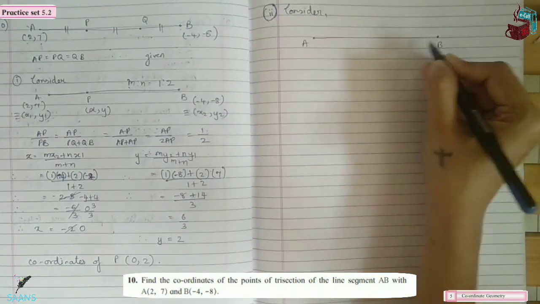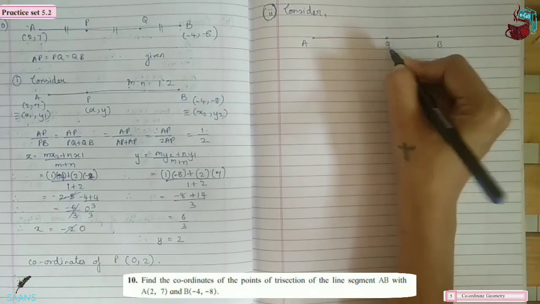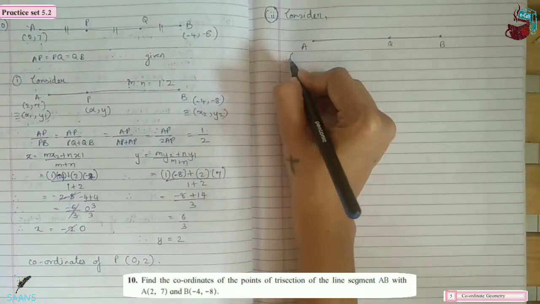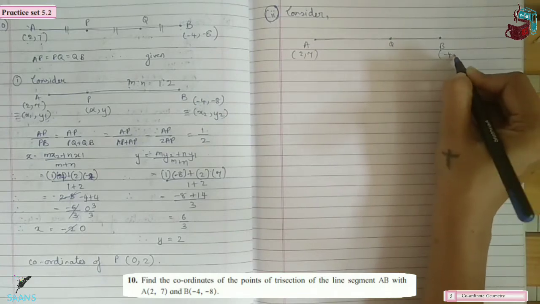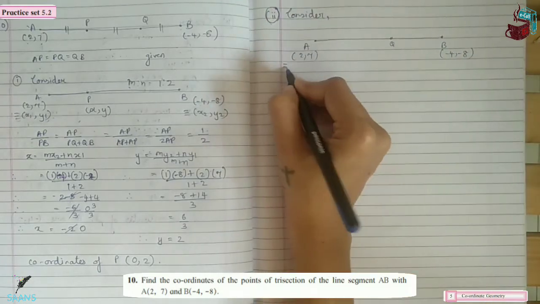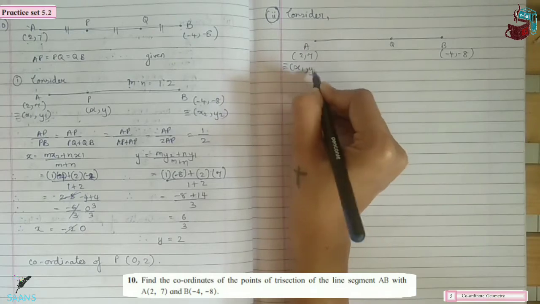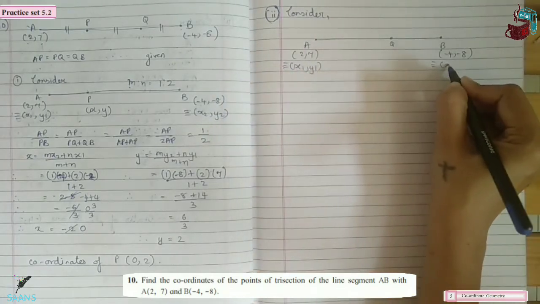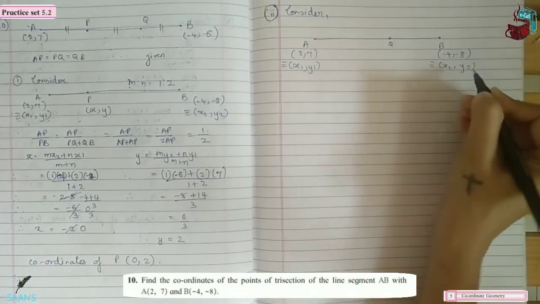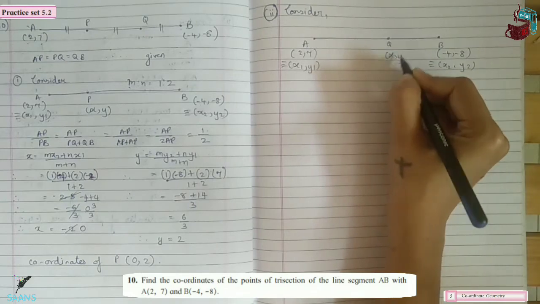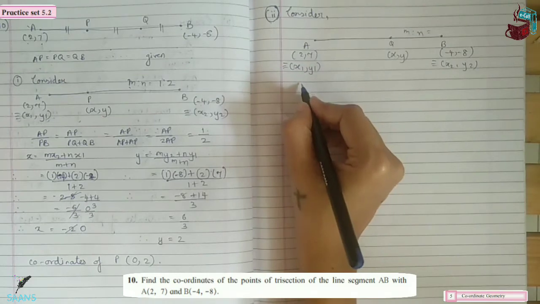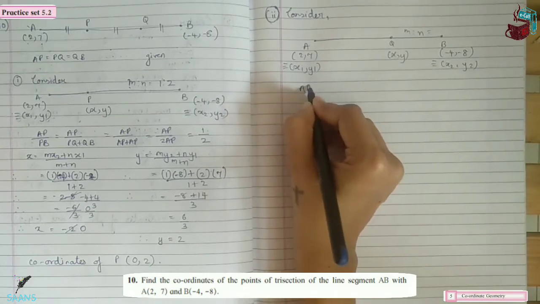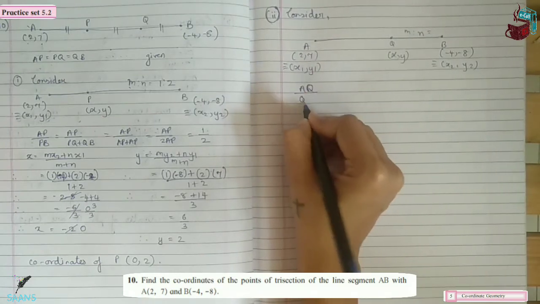A, B, and this time we are going to see for Q. Okay, so A is again 2, 7. B is minus 4, minus 8. This is x1, y1. This is x2, y2. X comma y, we do not know, m is to n. Okay, so it will be AQ upon QB.